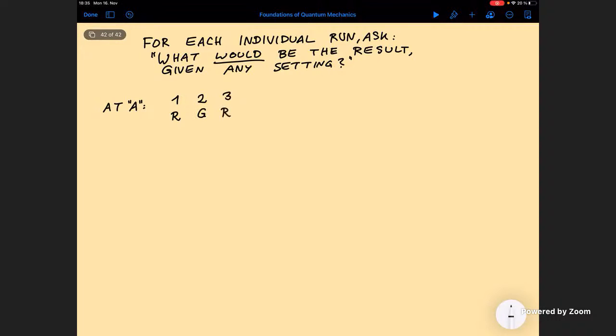And maybe the answer again would have been red. So you could make such a little table which would completely characterize the object that is about to be received by station A in terms of its properties, as far as these properties are relevant for the measurement that is being performed. Because there are only these three settings, and for each setting, there can only be red or green. Whether there are other more detailed properties of the object, at this point, you wouldn't care.